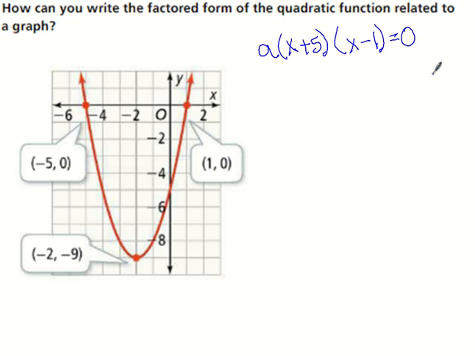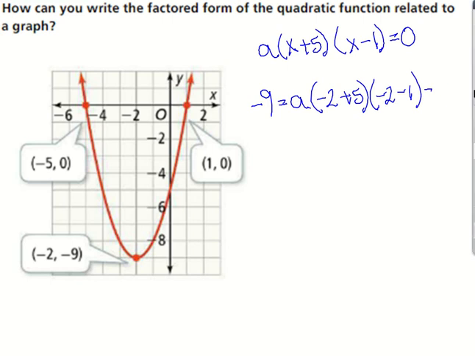Now we can take a point that we know. We know the vertex. So what we're going to do is use the vertex now to help us solve for a. So instead of 0, I'm going to now set it equal to negative 9, because the function equals, we don't know a, but we know x, it's negative 2. So I'm going to go negative 2 plus 5, and then I'm going to go negative 2 minus 1.